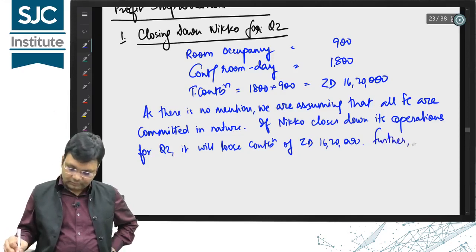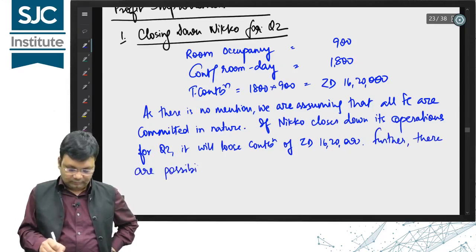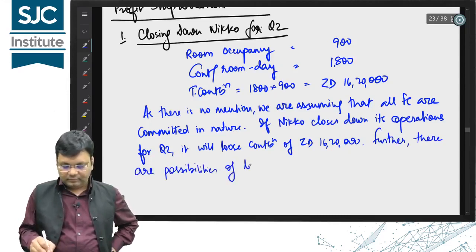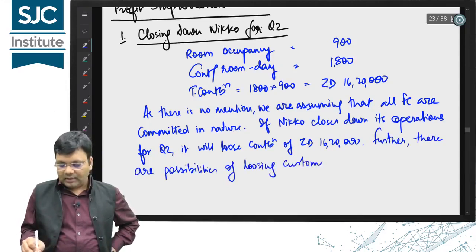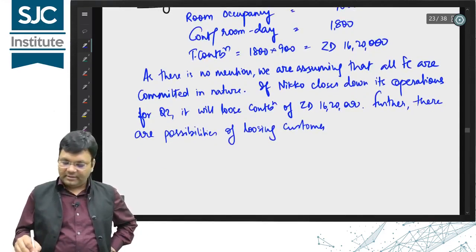Further, there are possibilities of losing customer loyalty. So 900 room nights means some customers are coming, right?